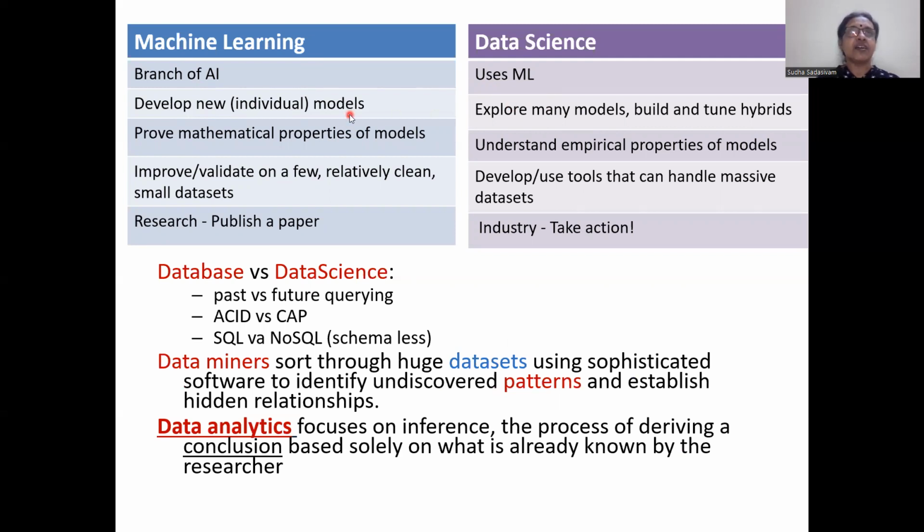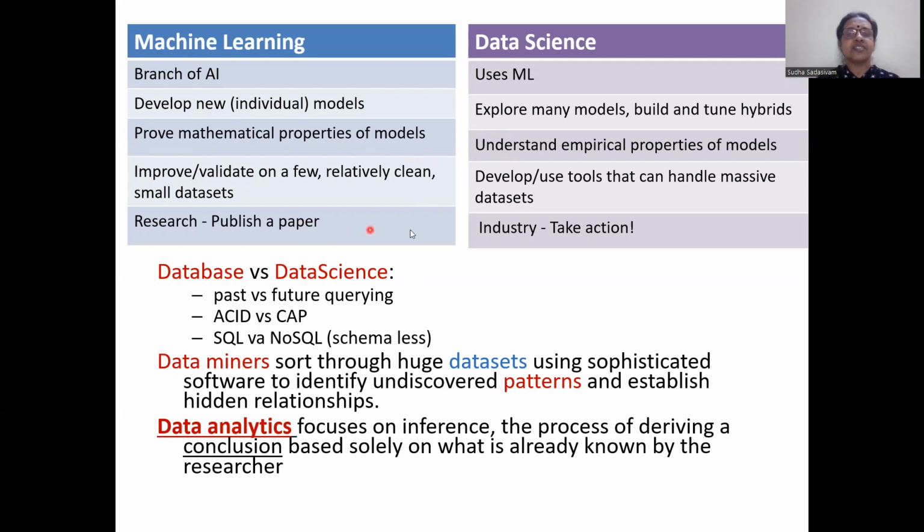Machine learning aims at developing new models, whereas data science explores the existing models and then tries to characterize the data. Machine learning proves the mathematical properties of models, whereas data science is more empirical in nature.